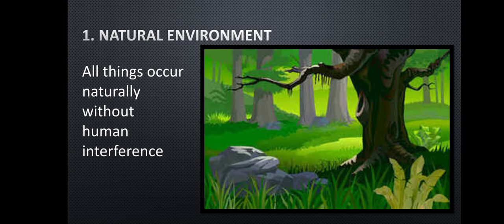It is the place where all living things and non living things occur naturally without human interference. It is the place where there is no existence of human beings. So this environment occurs naturally by itself.